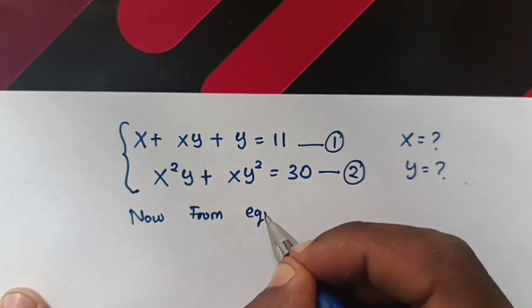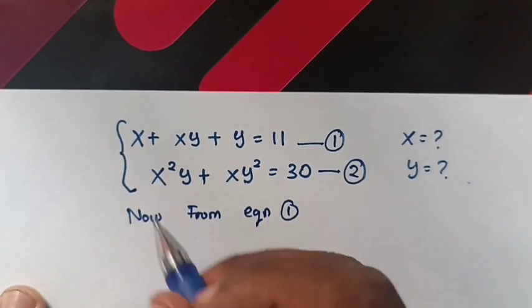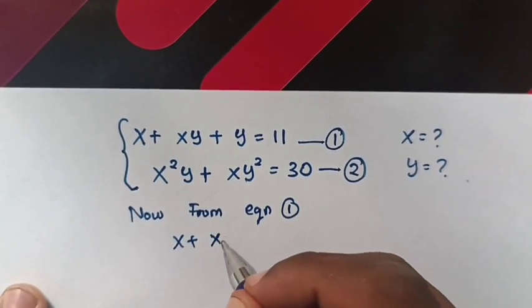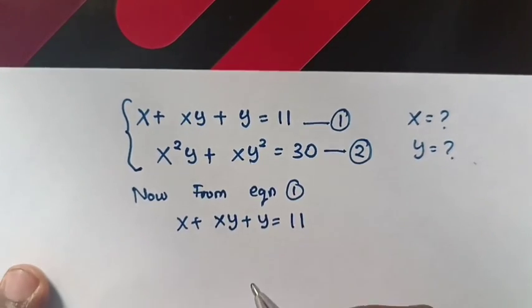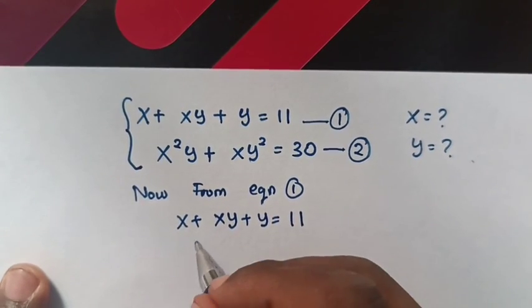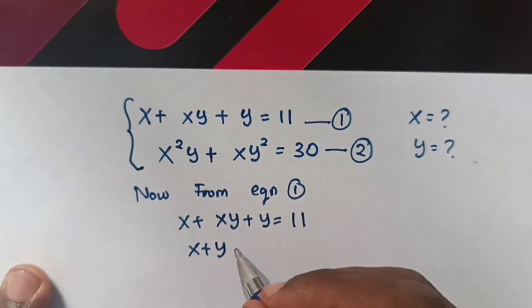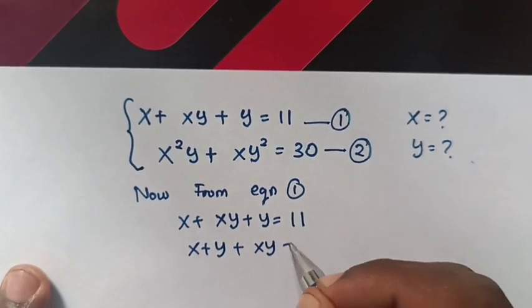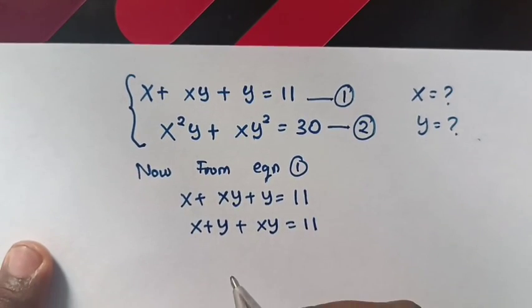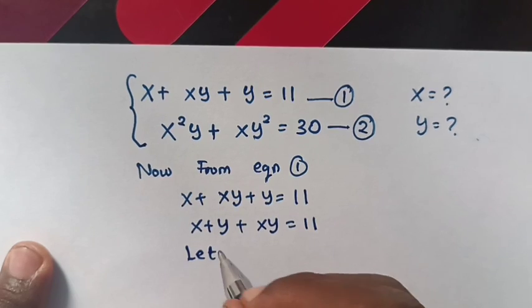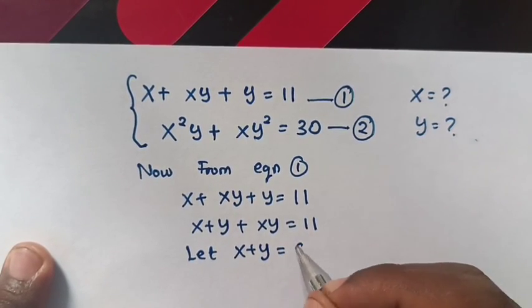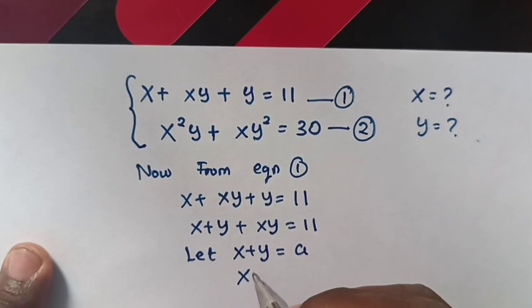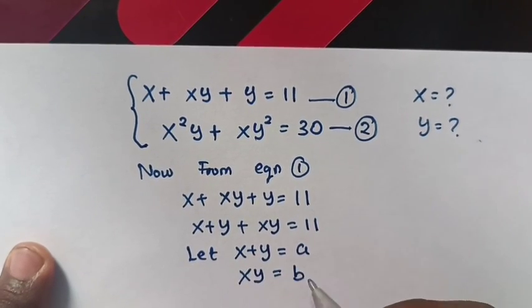Now, from equation 1, which is x plus xy plus y is equal to 11, here it will be x plus y plus xy is equal to 11. Then we let x plus y is equal to a and xy is equal to b.